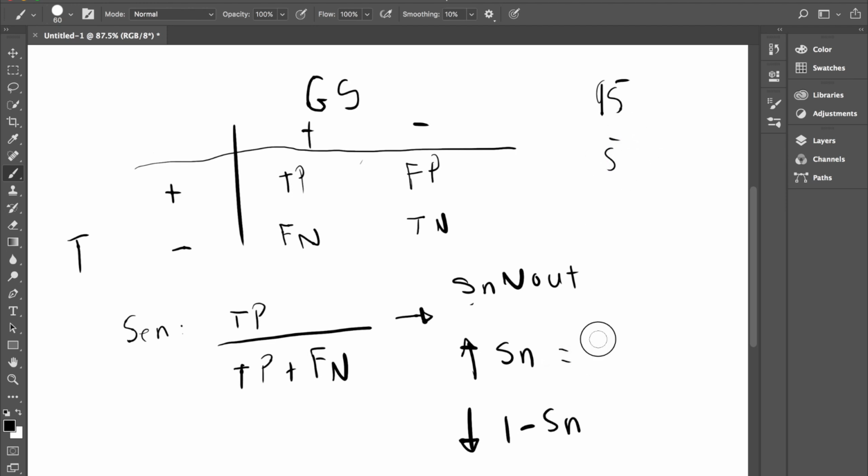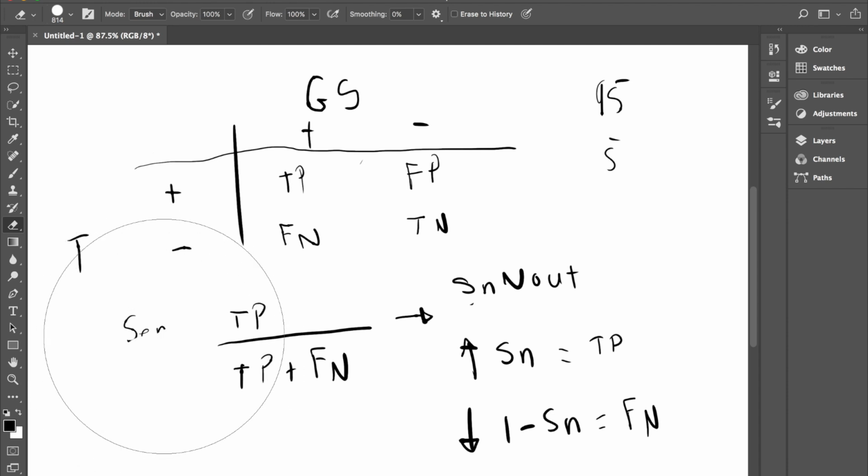Well, sensitivity is the rate of true positives, right? 1 minus sensitivity is the rate of false negatives, right? So if I have high sensitivity, my rate of false negatives is going to be low. So every time I get a negative, I can be pretty certain that this person really is negative because my rate of false negatives is low. Okay? So that's the idea behind sensitivity.